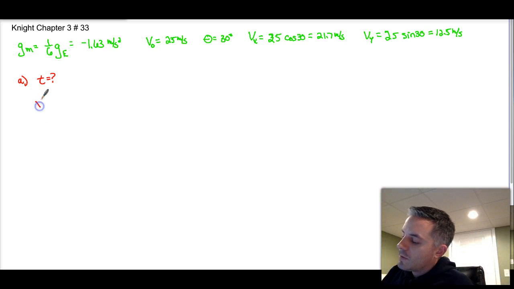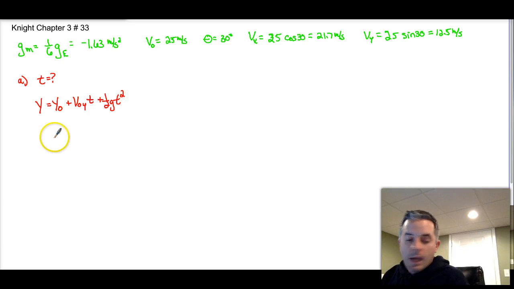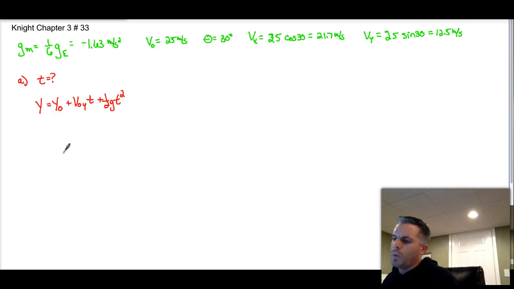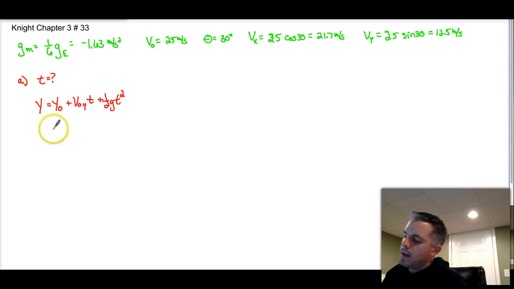So to find that time, I'm going to go with Y equals Y sub O plus V sub O Y T plus 1/2 G T squared. Now, this is the big jump here, the big thinking: when the golf ball goes through its entire flight, it has to get to the end. And at the end, the height is going to be 0 meters.